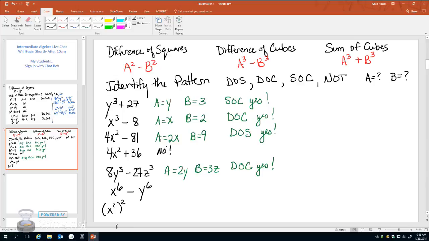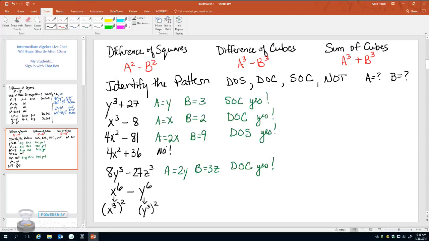So what would you multiply by 2 to get 6? That would be the power of 3. So you could think of this first term as being x cubed squared. Okay, so it is a perfect square. The second term here we could think of as y cubed squared the same way.